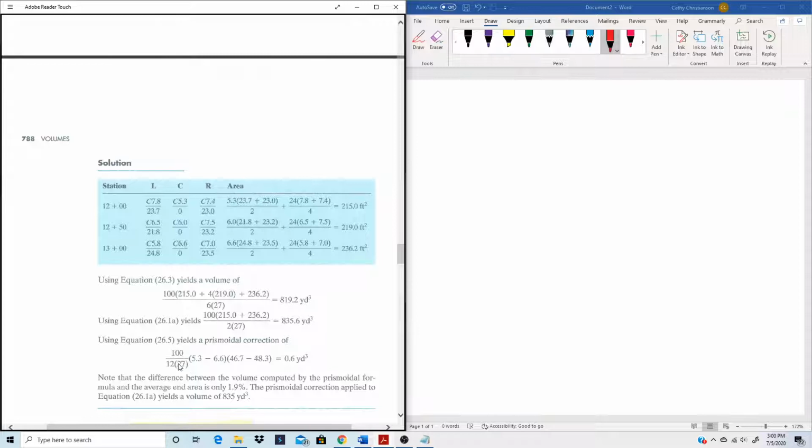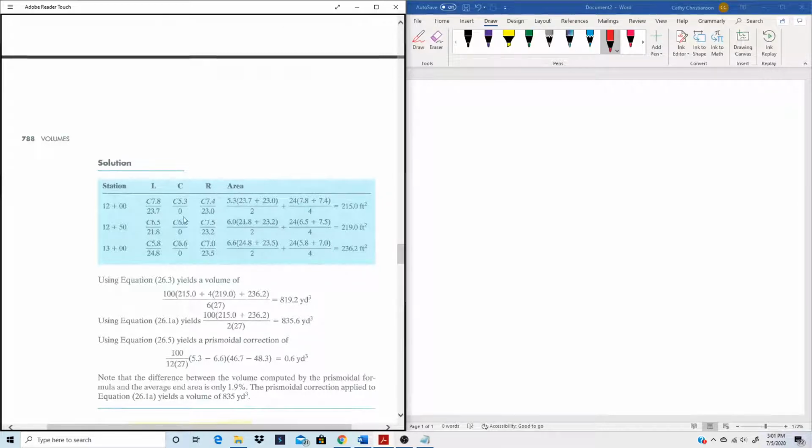You notice I was saying it was going to be 100 divided by 12 times 27.5, 3 would be the center cut here. 6.6 would be the center cut for 2. 46.7, where that comes from is they add 23.7 to the left plus 23 to the right.